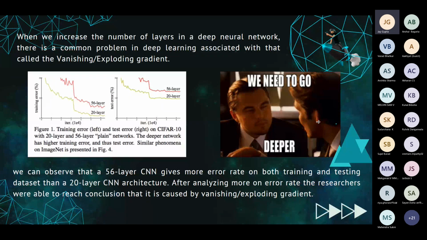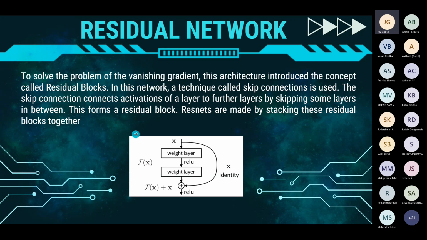As you can see, the 56 layer neural network gives more error than a 20 layer neural network. This is because as you go deeper, the gradients vanish and the model stops learning. To solve this problem of vanishing gradients, the researchers introduced something called a residual block.